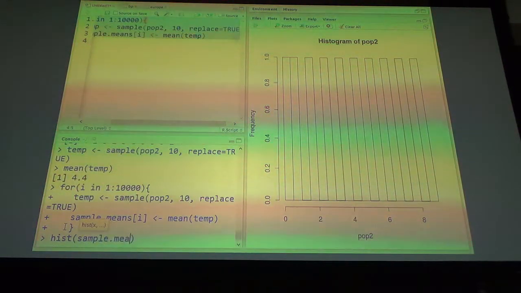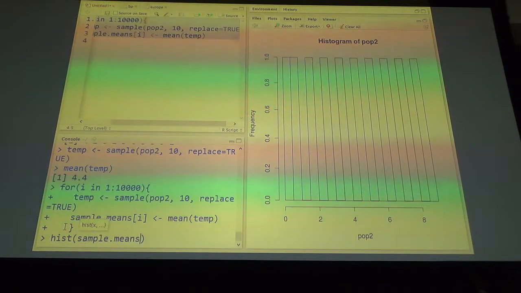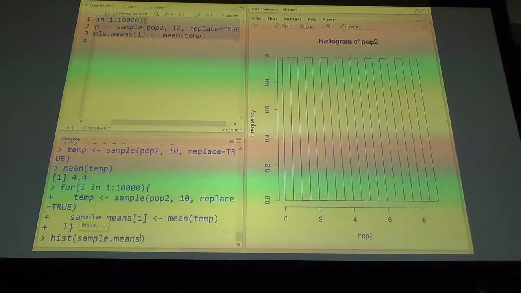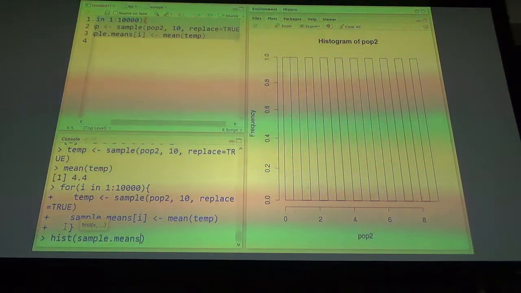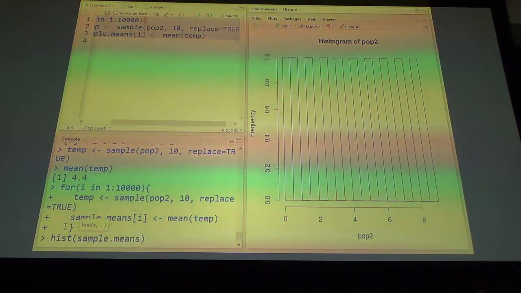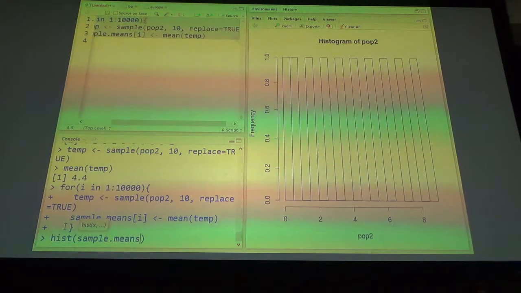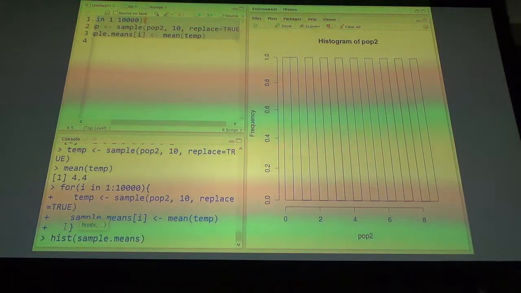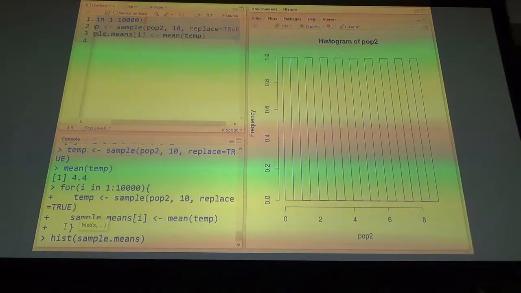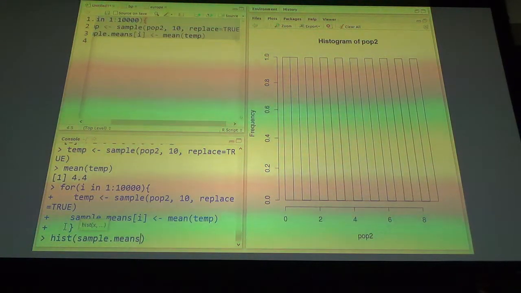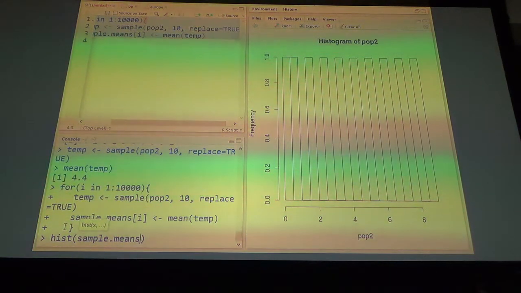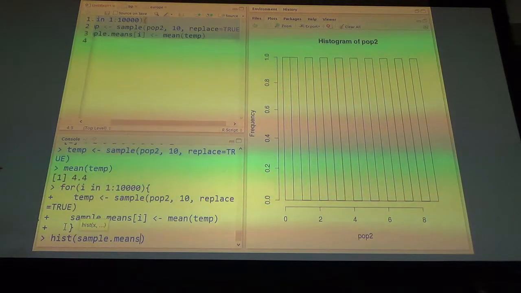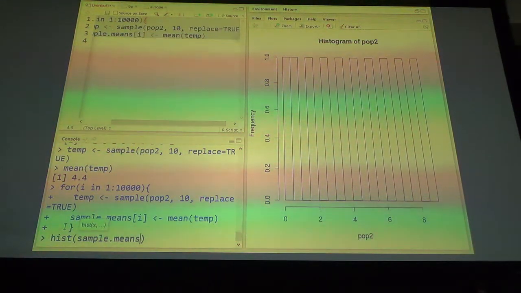All right, what do you think our histogram looks like? I've taken samples of size 10 from a population where the digits 0 through 9 are equally likely. We're going to see numbers anywhere from 0 to 9, because we're taking an average of 10 randomly selected digits. What do you think our histogram will look like? Same as population 2? Well, let's see.